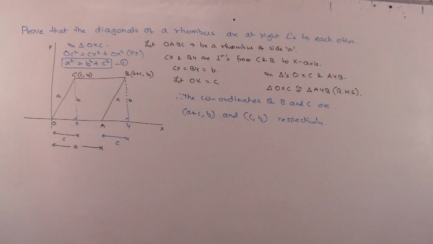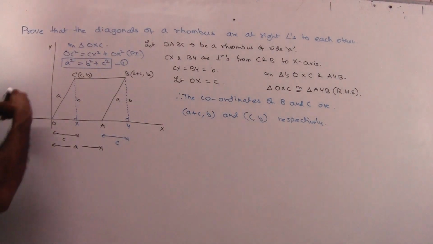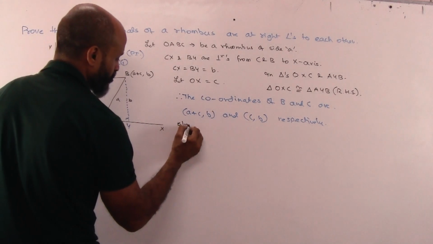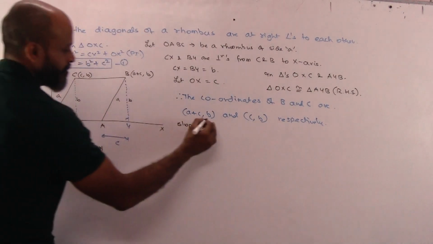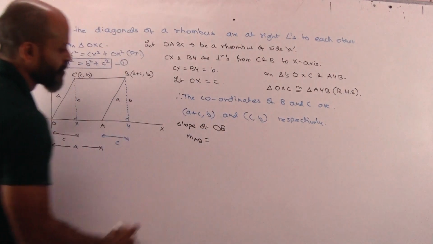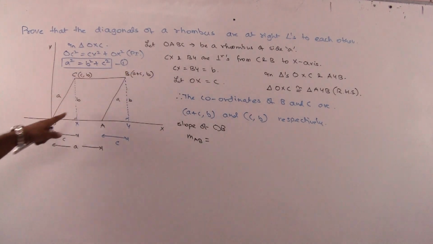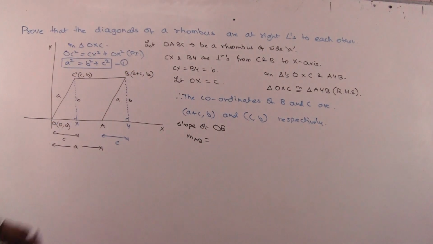Okay. So the coordinates of points B and C are these. Now let's look at the slope of line OB. So M of OB will be equal to how much? Y2 minus Y1. Obviously O has coordinates 0 and 0 because it's the origin.